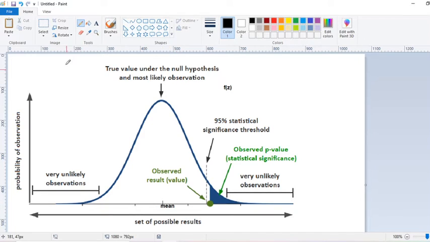In the case of a normal distribution, mean, median and mode are equal.